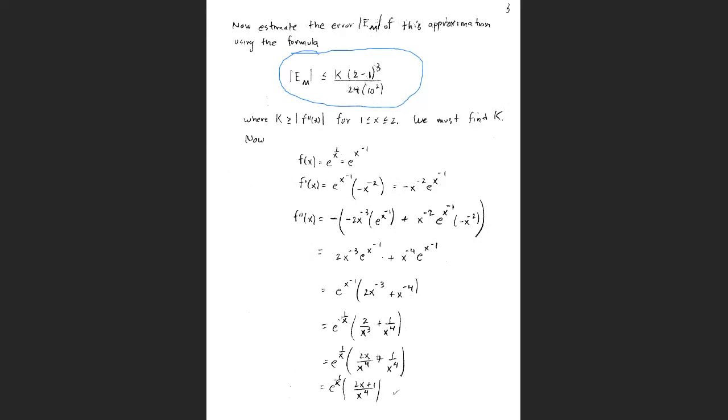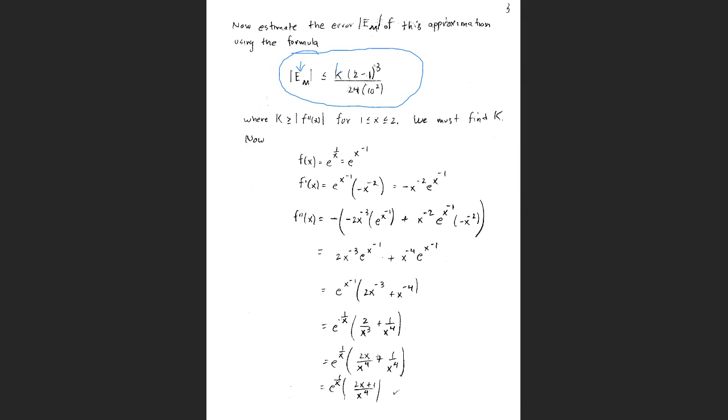So the error bound for the midpoint rule approximation, the bound on the error, and we take the absolute value, because we care about the magnitude of the error. That's less than or equal to this big K value times, okay, well now what's 2?